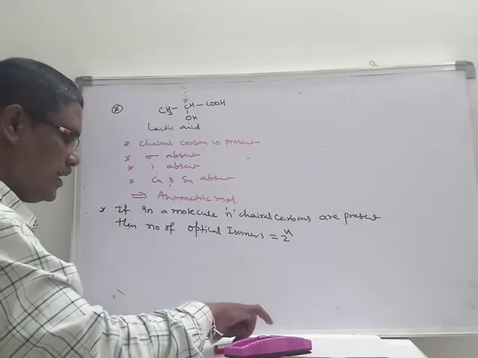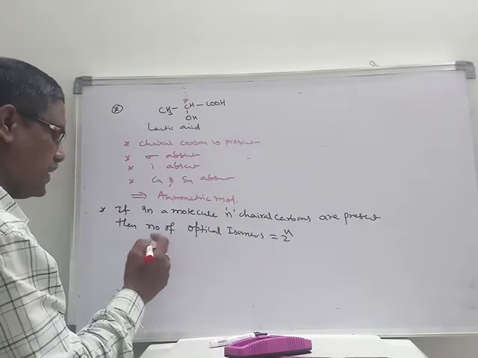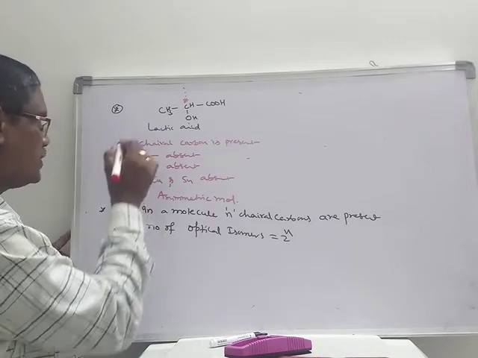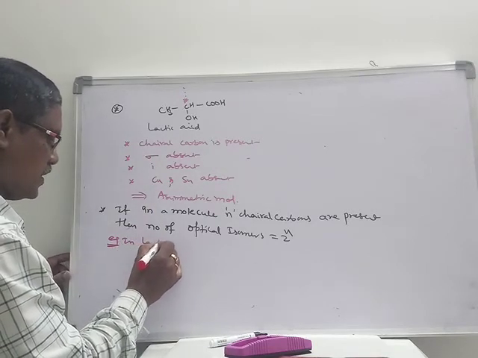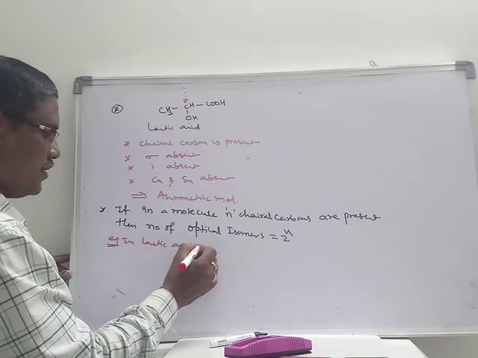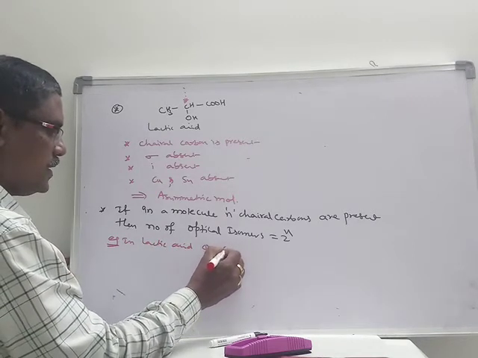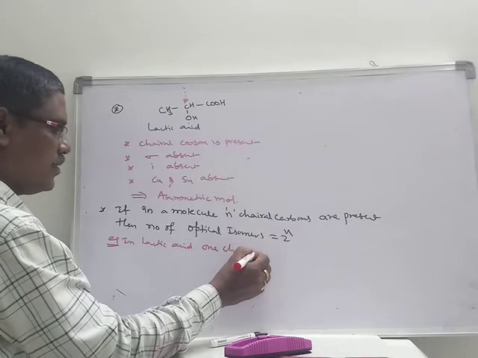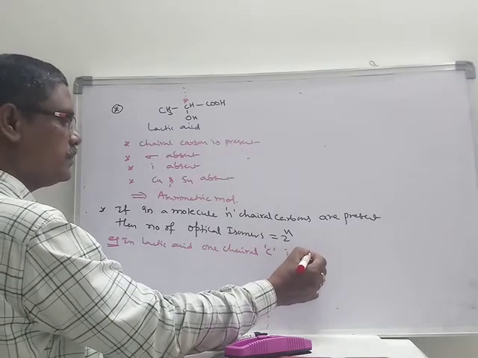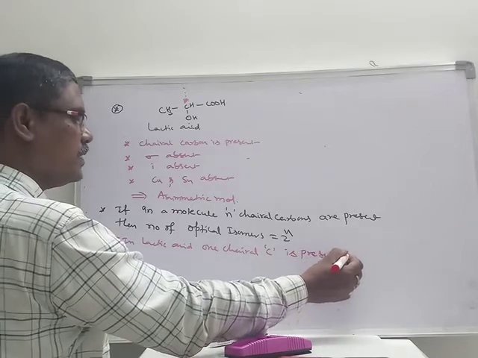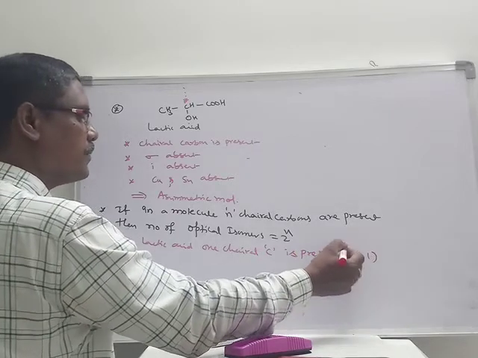In lactic acid, only one chiral carbon is present, so n is equal to 1.